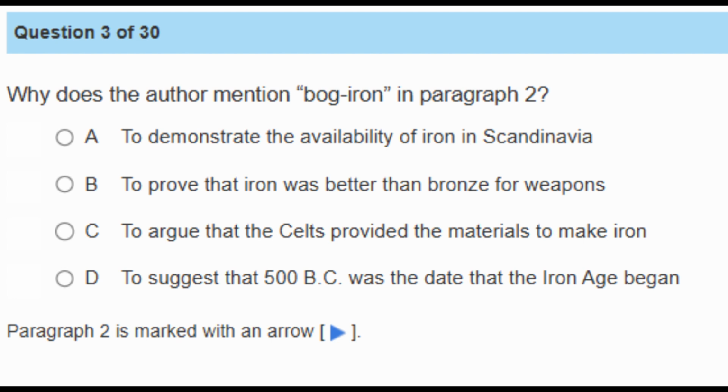How accessible was it? B, to prove that iron was better than bronze for weapons. Okay. C, to argue that the Celts provided the materials to make iron. Okay, so Celts are important here. D, to suggest that 500 BC was the date that the Iron Age began.